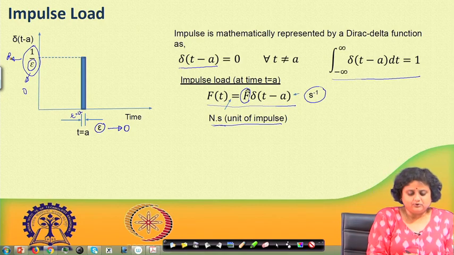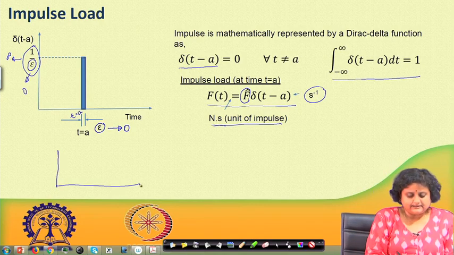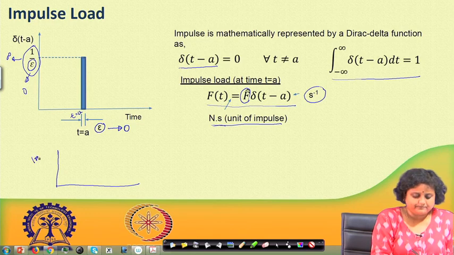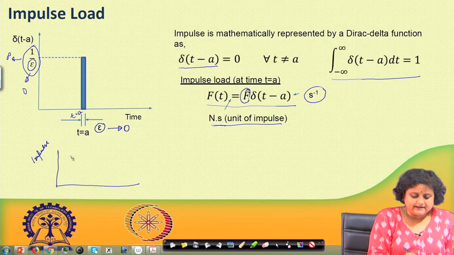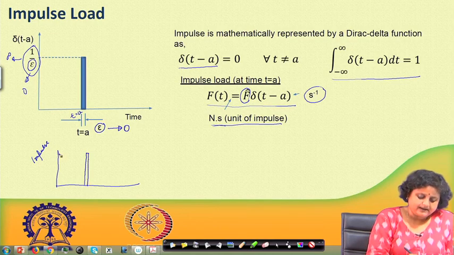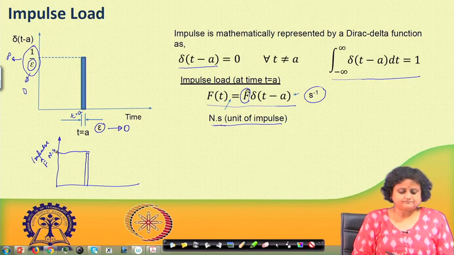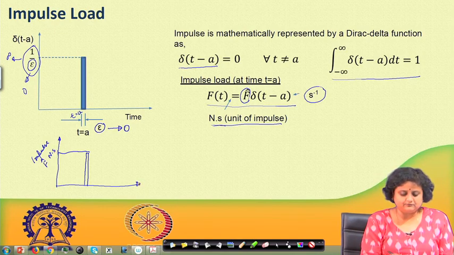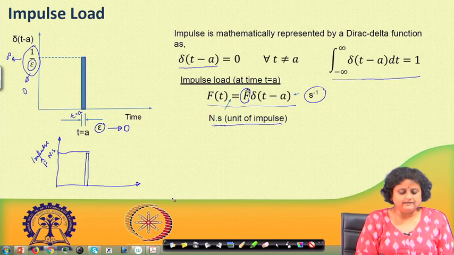An impulse load is nothing but a Dirac delta function with an amplitude of F hat, in the unit of Newton second. This is how an impulse force is going to look like in time.